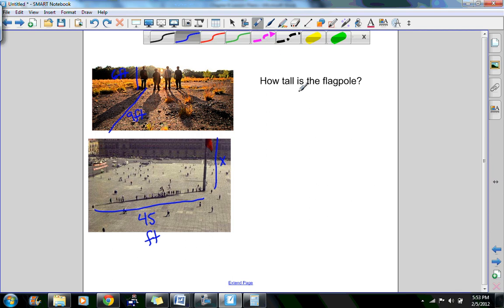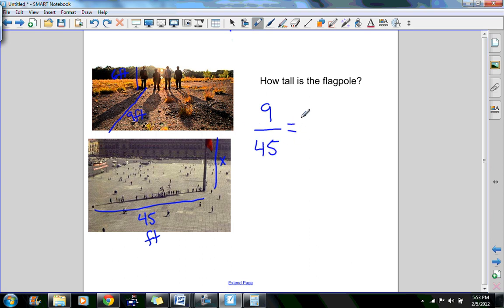So I went, the shadow of the person is 9 feet, and the shadow of the flagpole is 45. And I'm going to set that equal to the height of the person is 6 over the height of the flagpole, which is x. And now I'm just cross multiplying. 9 times x is equal to 45 times 6, which is going to be 270.